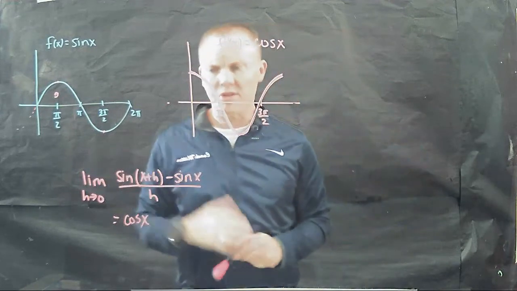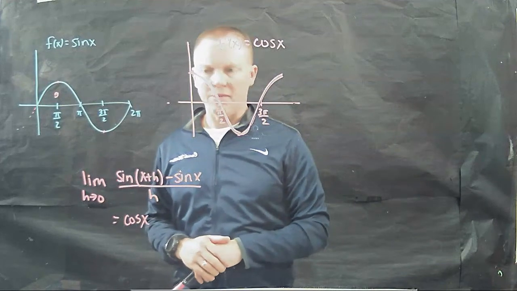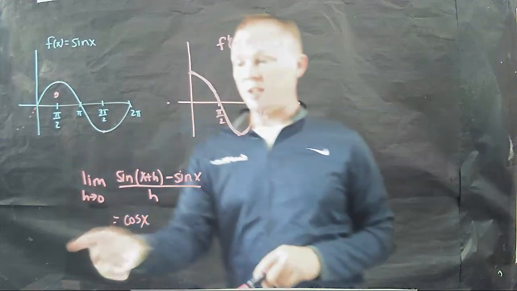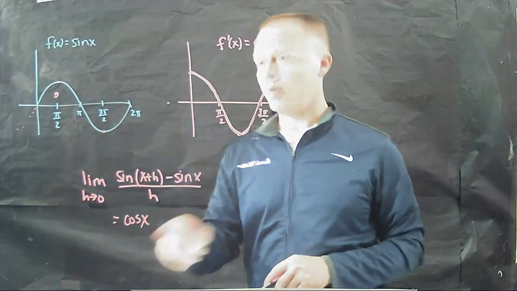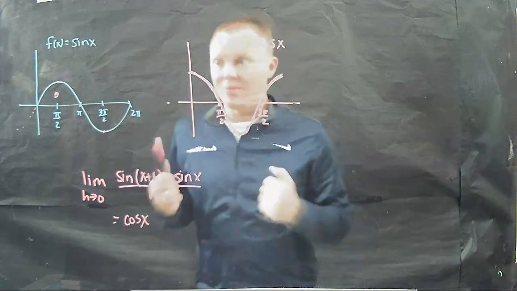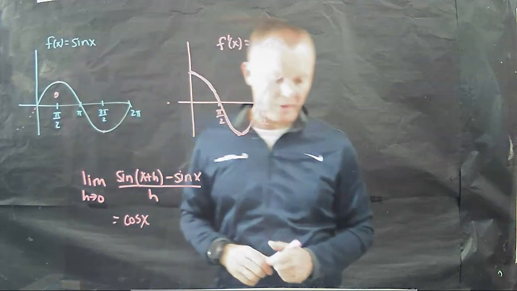We're not going to compute this here. Maybe we'll go through this when you guys come back someday. But at least I want you to see that the answer to this limit would be cosine of x. So we can pretty confidently say here that the derivative of sine of x is cosine of x.